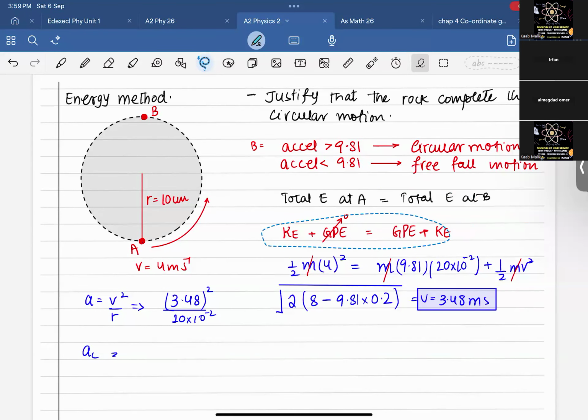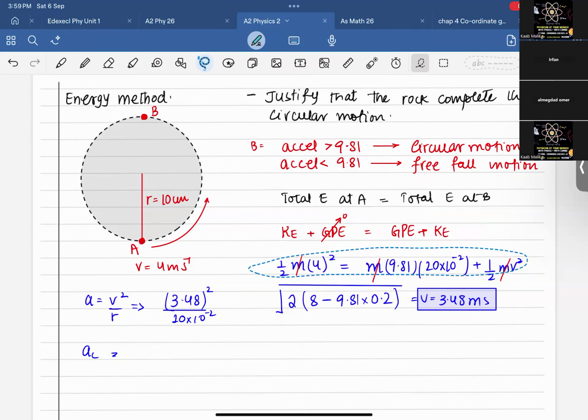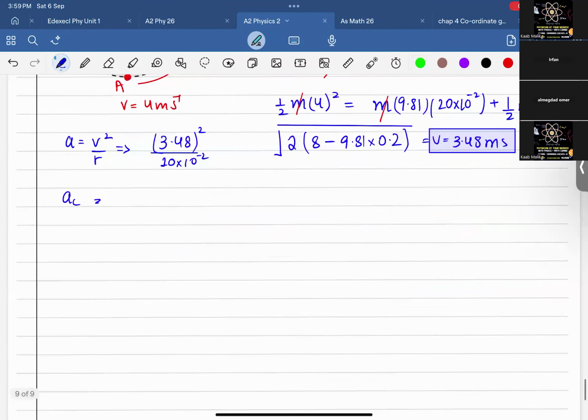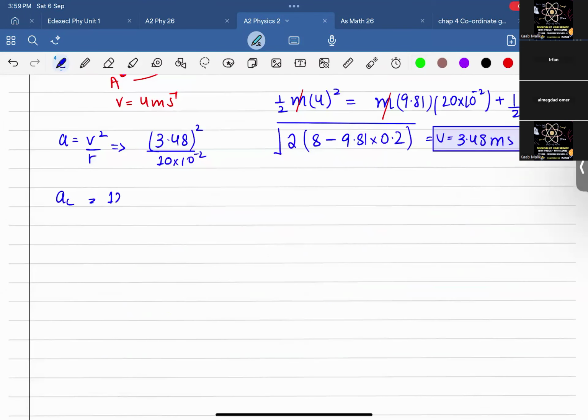Getting 121.104. So the acceleration is 121 point something, or we can take it 120 meters per second squared.